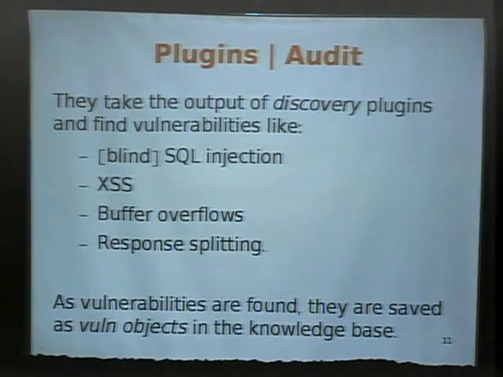These vulnerability objects will then be used by the attack plugins in order to exploit that vulnerability and get something out of it. Maybe an operating system shell, or an SQL injection shell, or something like that.